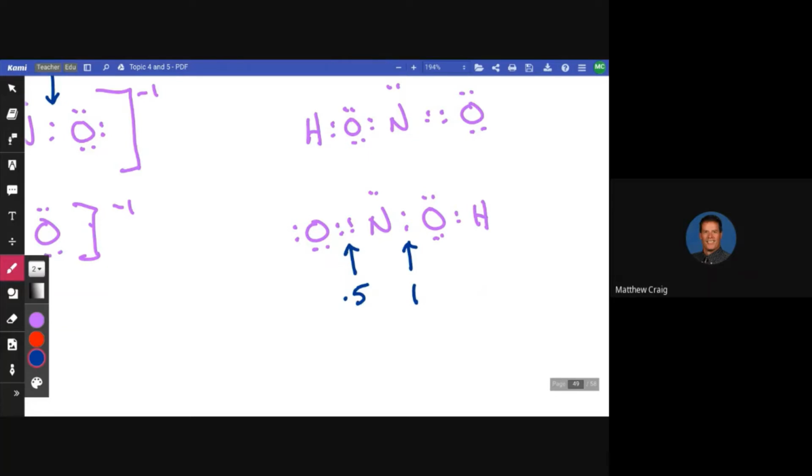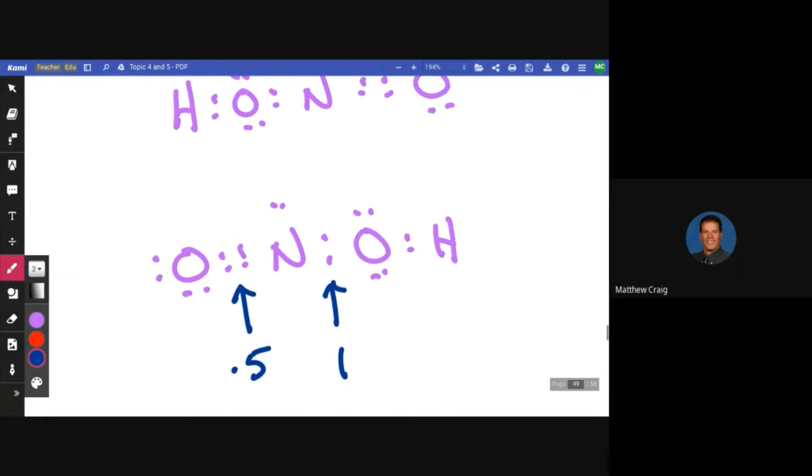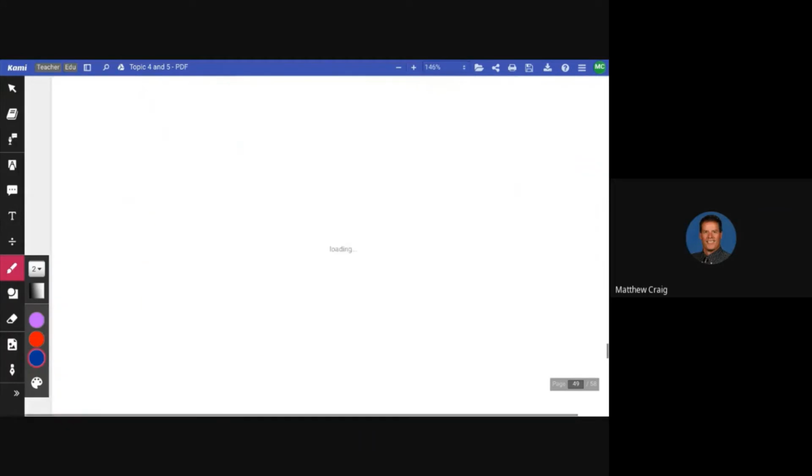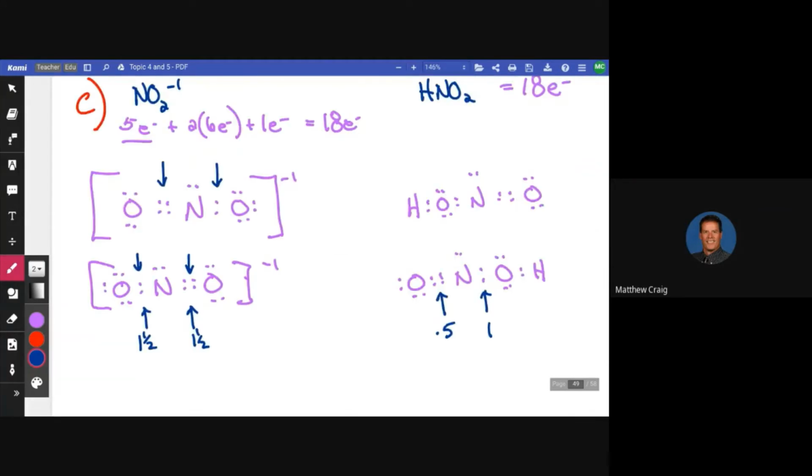We actually have an acid here, which we haven't talked about yet. I would talk about the resonance because it literally does switch between the oxygens, and the average equals the same length.